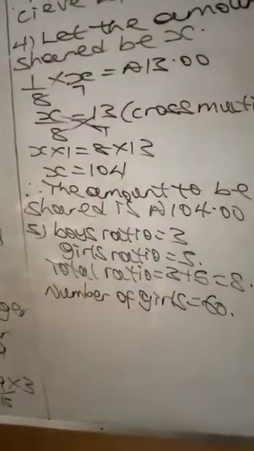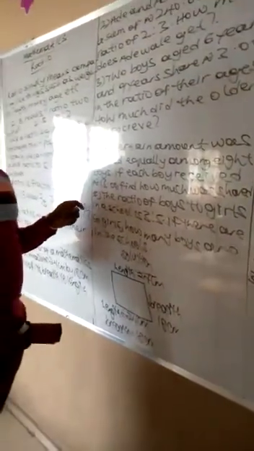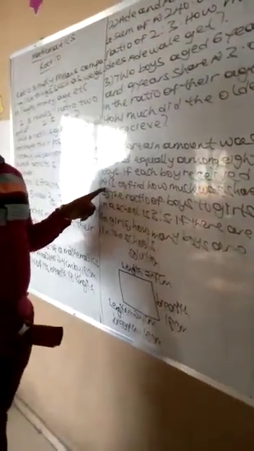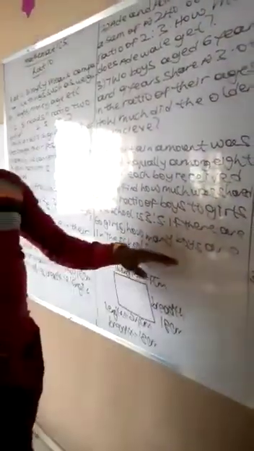If you look at this question, the total number of learners in the school is not given to us. So first of all, we are going to look for the total number of learners in the school. From there, we'll be able to get the boys.